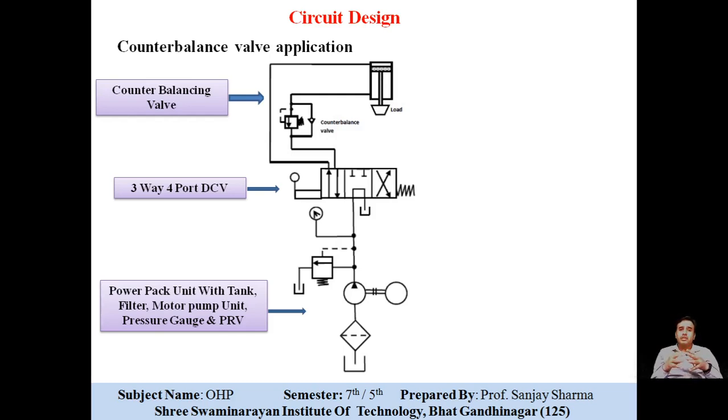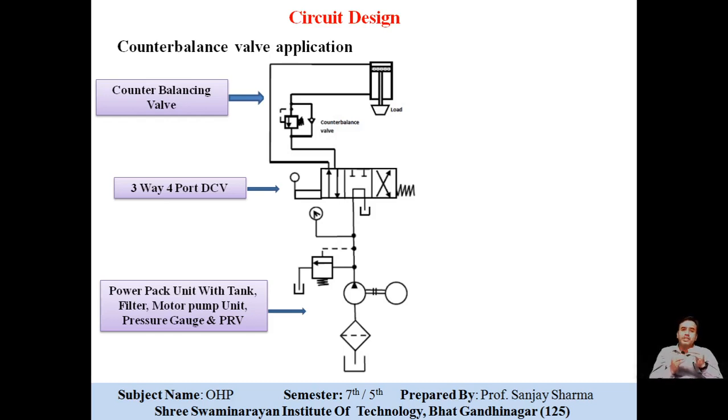Now during the retraction, as soon as the piston goes upward, the pressure required is somewhat higher when it is lifting upward as compared to when it is moving downward, because when it is moving upward it also has to lift the weight of its piston and the load against the gravity.